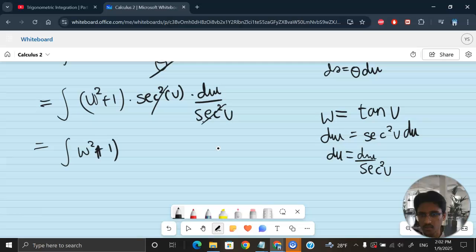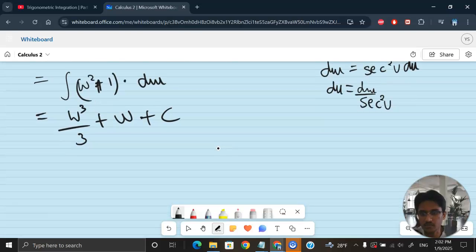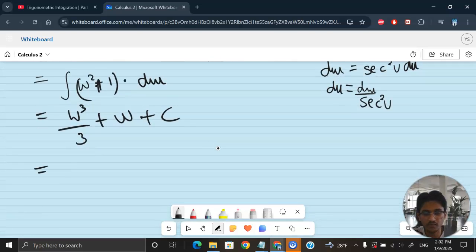So we're going to do the power rule: w cubed over 3 plus w plus c. Do not forget the constant of integration. Let's plug in whatever our w was. Our w was tangent of u.